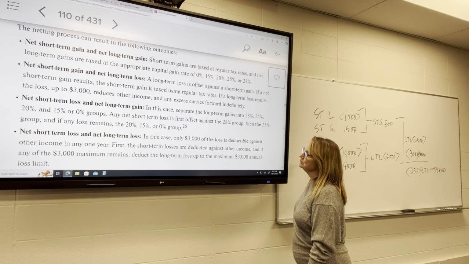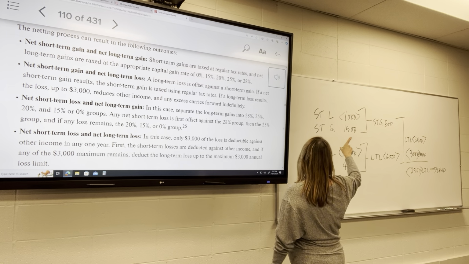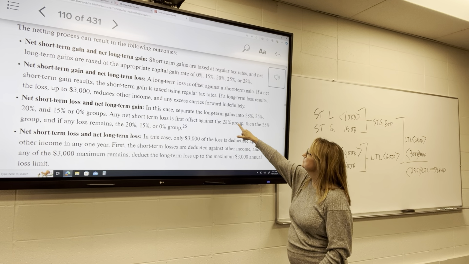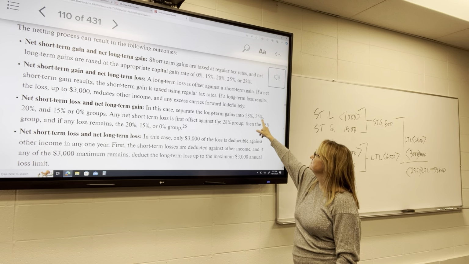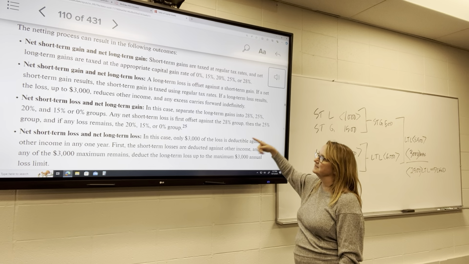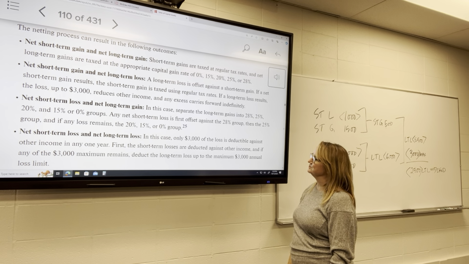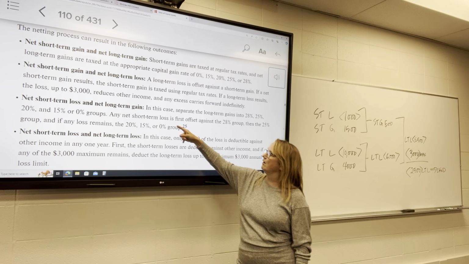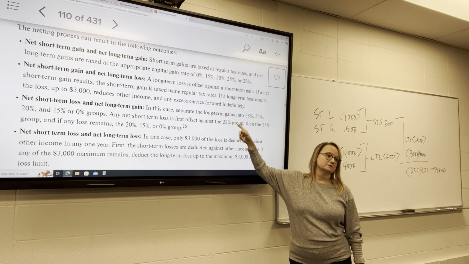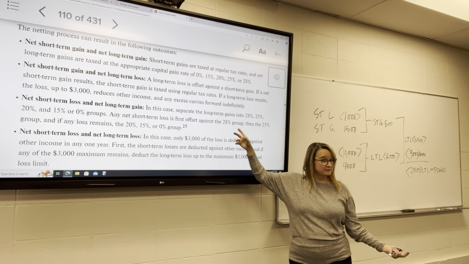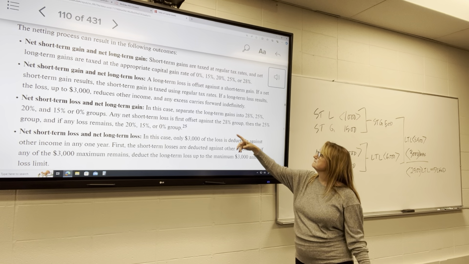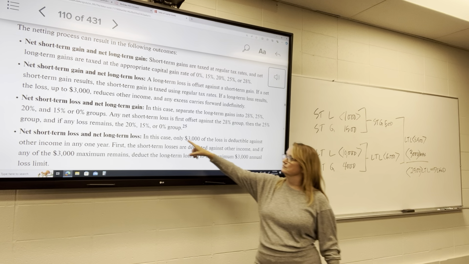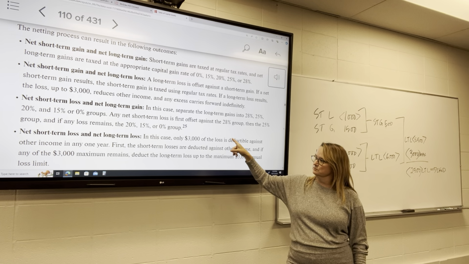If we had a short-term loss, which we didn't, and a long-term gain, we have to separate the long-term gains into the 28%, 25%, 15%, and 0% groups. Short-term loss is going to offset the higher tax rate first, which is preferable. Then the 25%, and if any loss remains, these other lower tax rate groups.